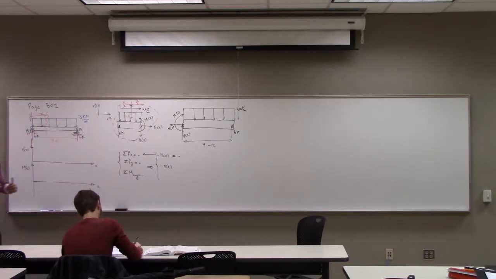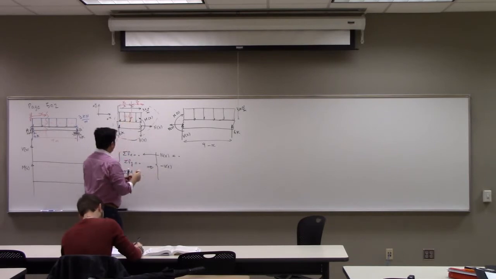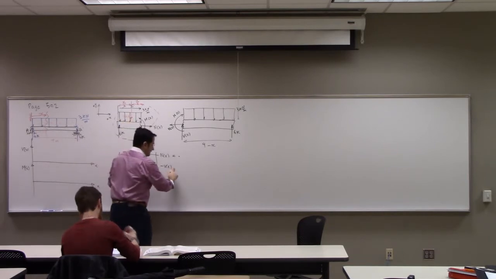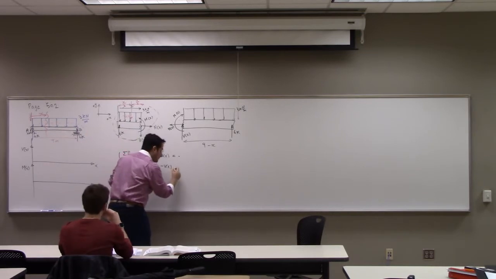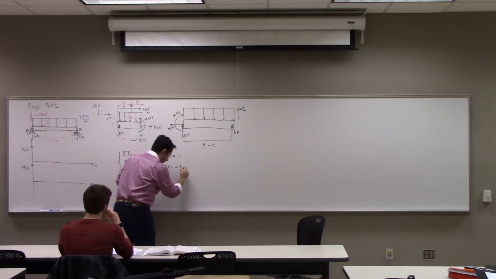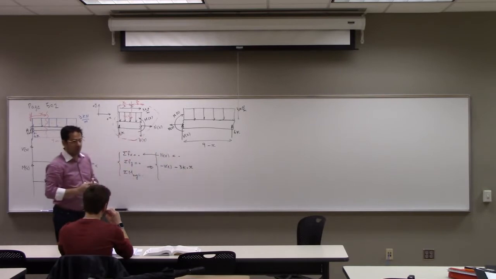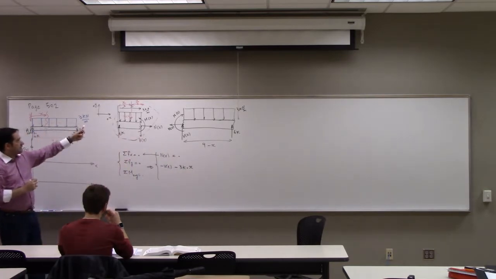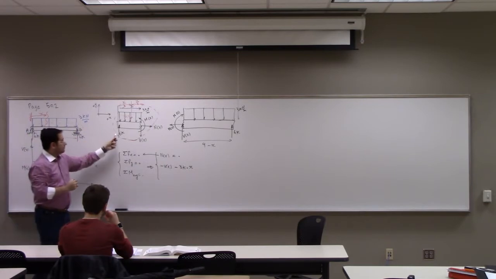That's it. So now I want to incorporate that into the y equation. What should I add here? Negative 3K times x, right? Now you go to this one. Should I include it in the y direction?